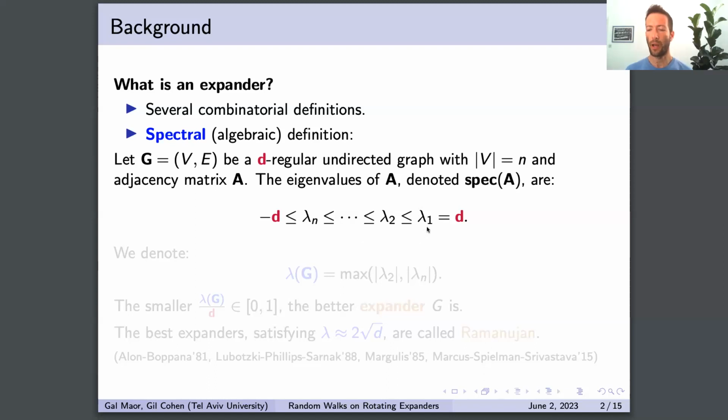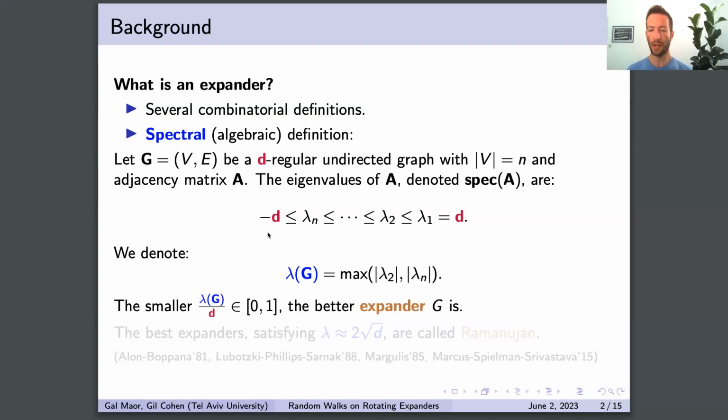We know that lambda 1 equals D. This is called the trivial eigenvalue of the graph. And lambda n is greater or equal than minus D. And we denote lambda of G as the max absolute value of all the non-trivial eigenvalues of the graph.